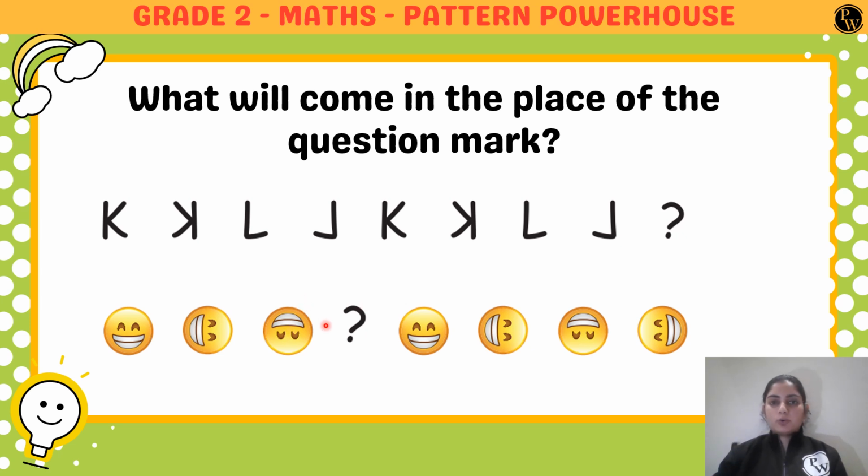Now we have a question mark. Then let's see further. It is pointing the smile towards us, or we can say towards the down. Then again it is pointing towards left. Then upside and then right side. So if we move this smile to the right side in the place of the question mark, will it form a pattern? Can you see?